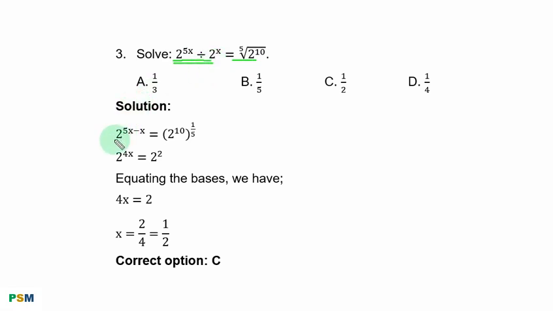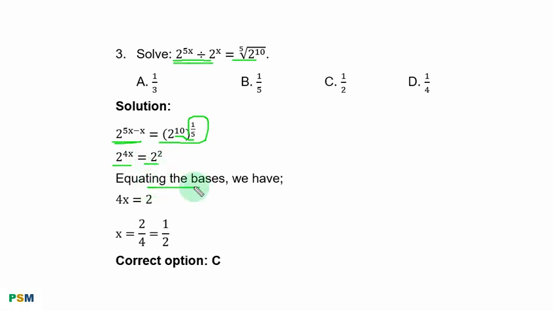Their powers are subtracted. 5th root means the given base number to the power of 1 over 5. If you simplify here, you have 2 power 4s equal to, if you multiply the 2 powers here, you are left with power 2. So you have 2 power 2.